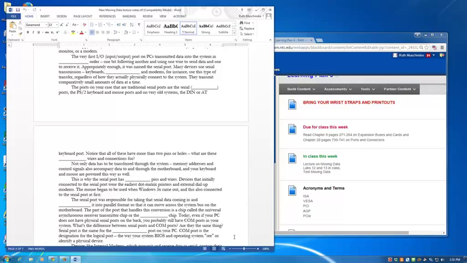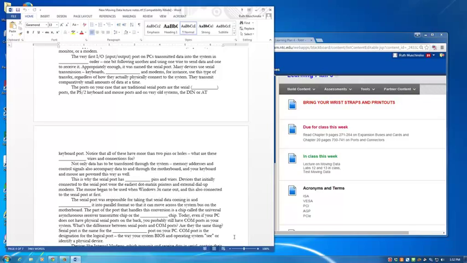Not only data has to be transferred through the system, memory addresses and control signals also accompany data to and through the motherboard, and your keyboard and mouse are powered this way as well. This is why the serial port has 9 pins and wires.